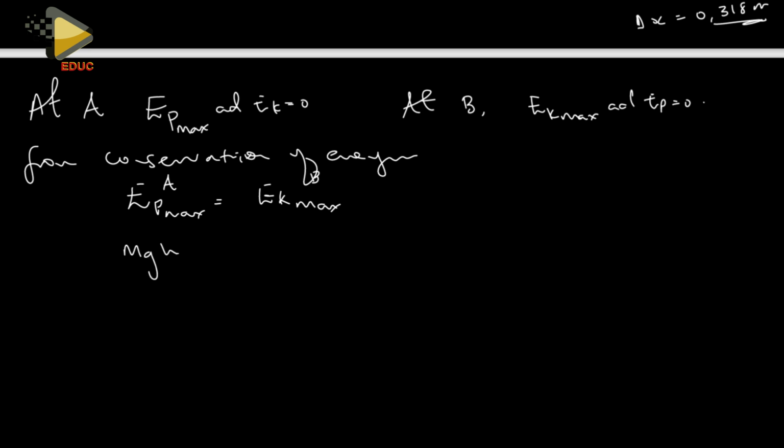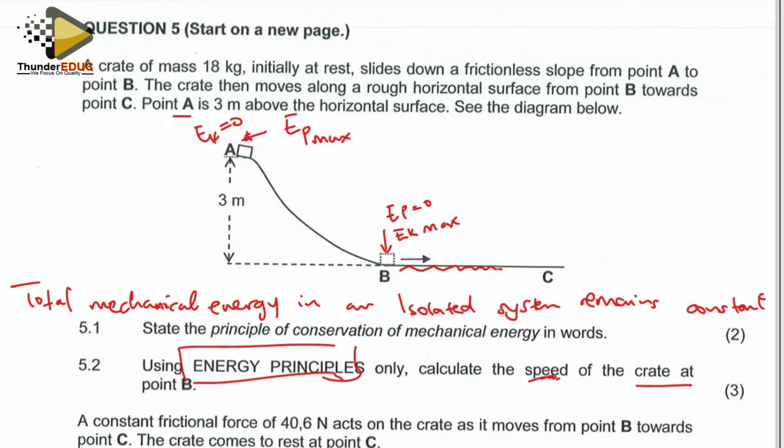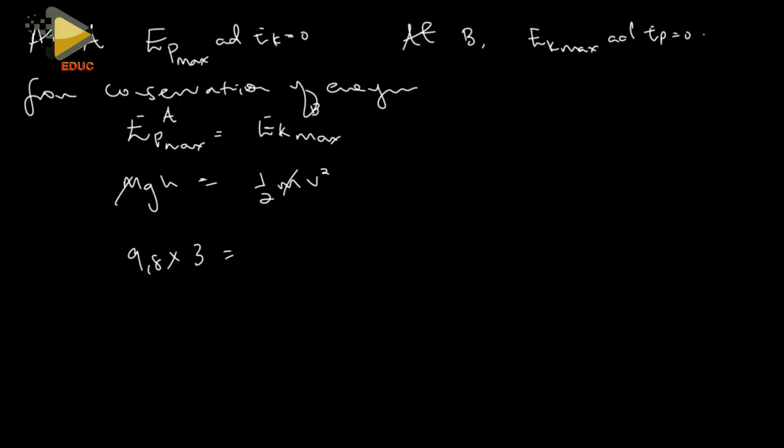So mgh must give us half mv squared. Now since we're dealing with just the same body, we can cross out the masses. So that's going to be 9.8 multiplied by the height, which is 3 meters, should give us half v squared. Multiply both sides by 2. So this cancels that.